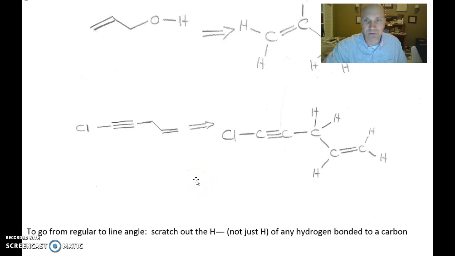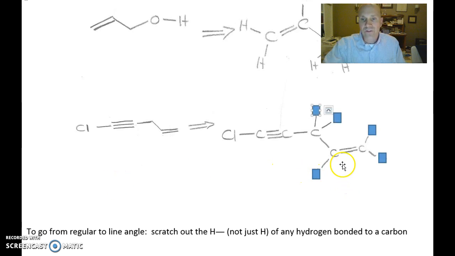I want to give a little bit of advice on this that I think covers the main mistake that people have. At least when you're first getting used to this, when you take your regular structure, scratch out the hydrogen and the bond. Notice I say not just the hydrogen, but the bond of any hydrogen which is bonded to a carbon. Let me show you why I think that helps out a lot.